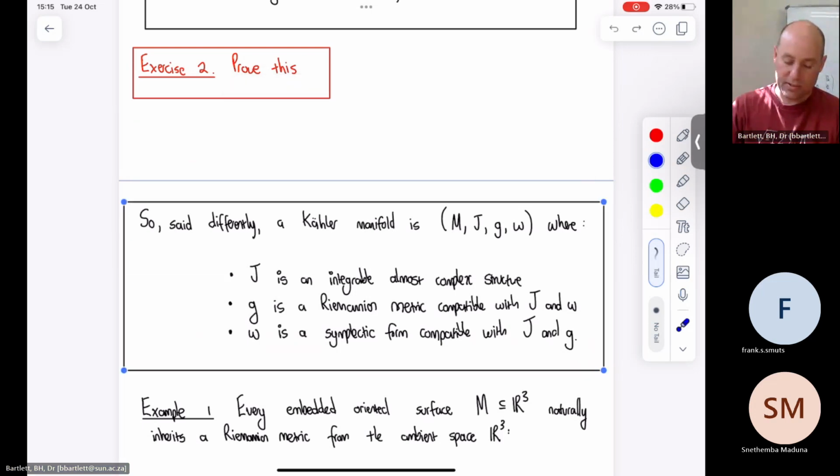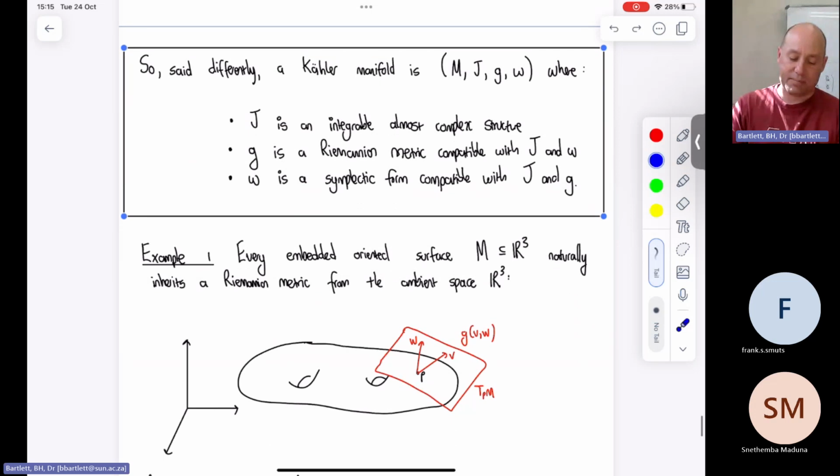Because you've got your manifold M, and each tangent space is actually a subspace of R3, and R3 has the Euclidean metric on it, right? The standard Euclidean inner product on R3. So we can just restrict that inner product to this plane, and that means we've got a natural way to associate an inner product to each tangent space.